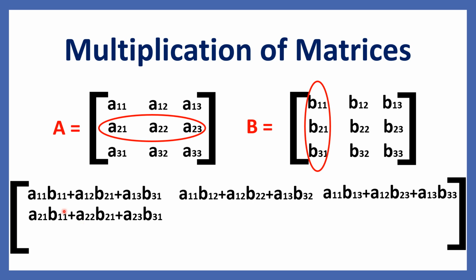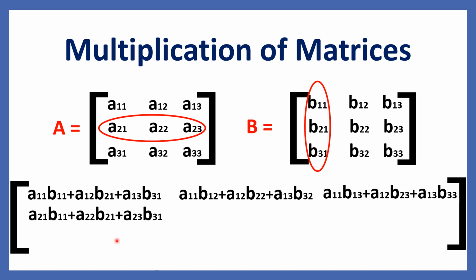That is, each of this element, this first element into this first element plus this second element into the second element of this column plus the third element of the second row into third element of the first column.